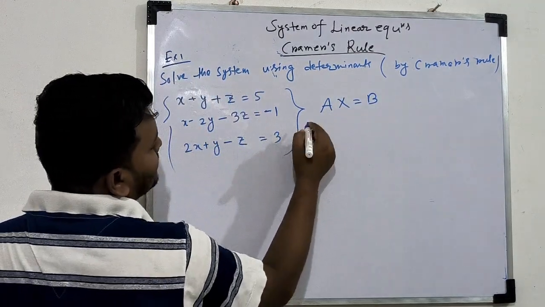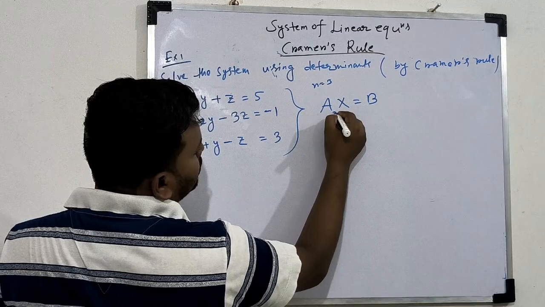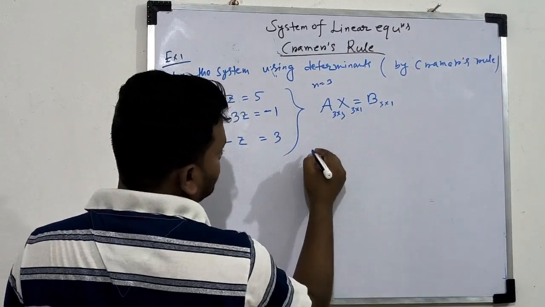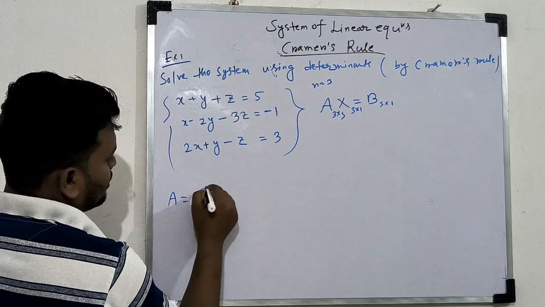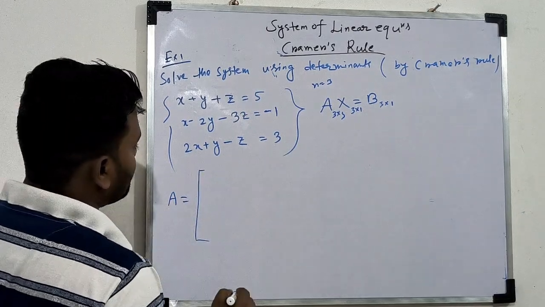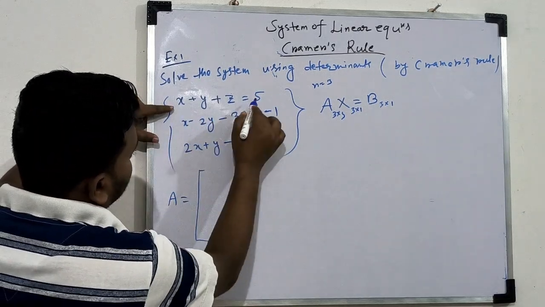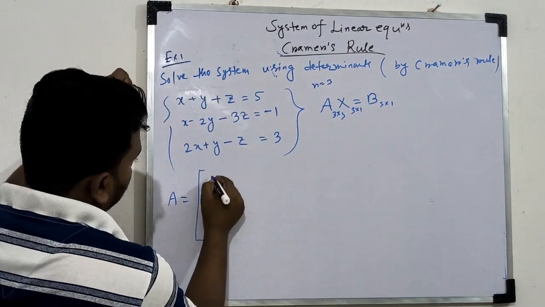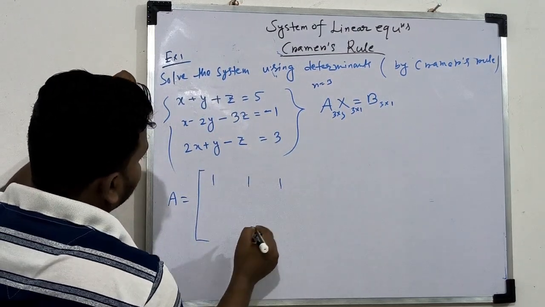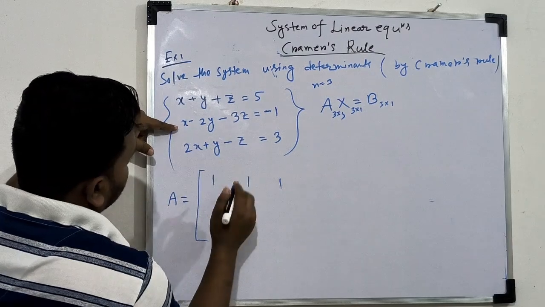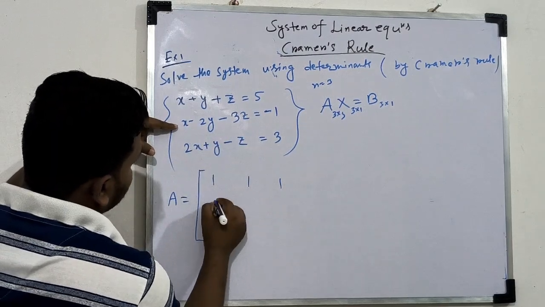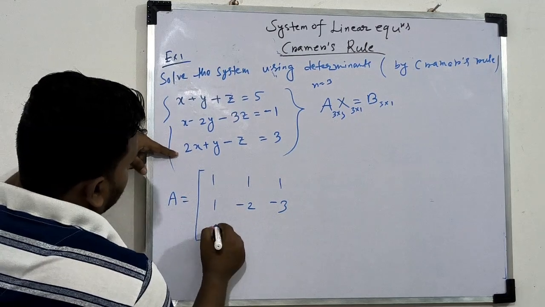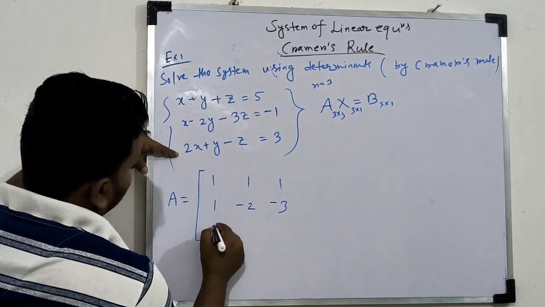Here n = 3, so A will be a 3 cross 3 matrix, and x and b are 3 cross 1 matrices. A will be the coefficient matrix. Write the coefficients of x, y, z of the first equation in the first row, that is 1, 1, 1, in the second row the coefficients of the second equation, that is 1, -2, -3, and in the third row the coefficients of x, y, z of the third equation.